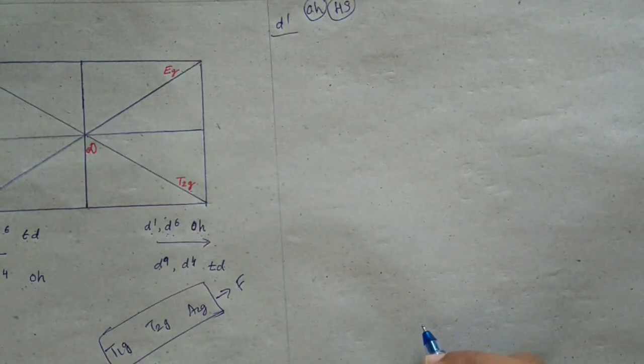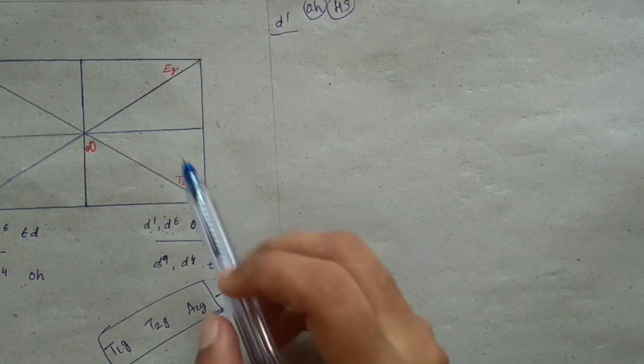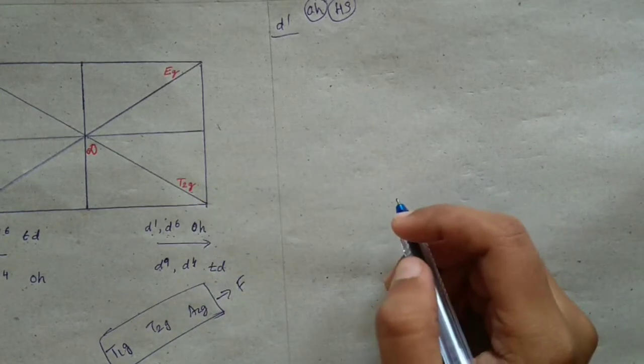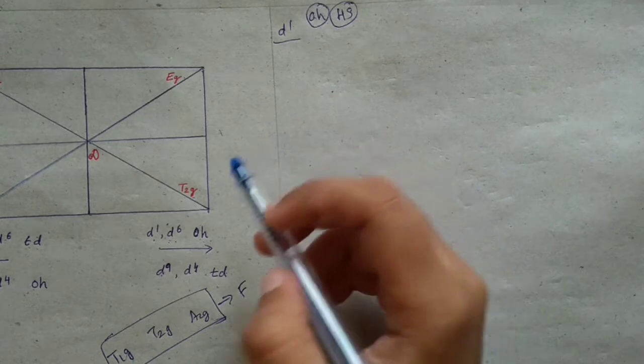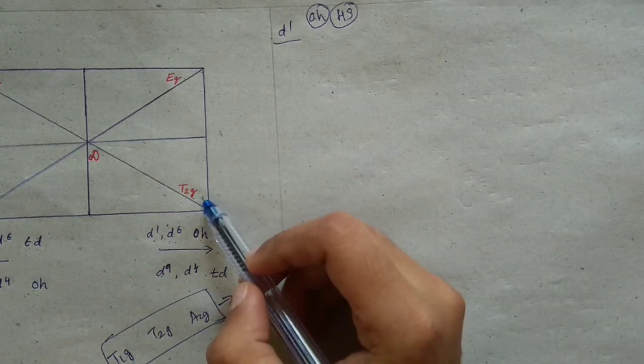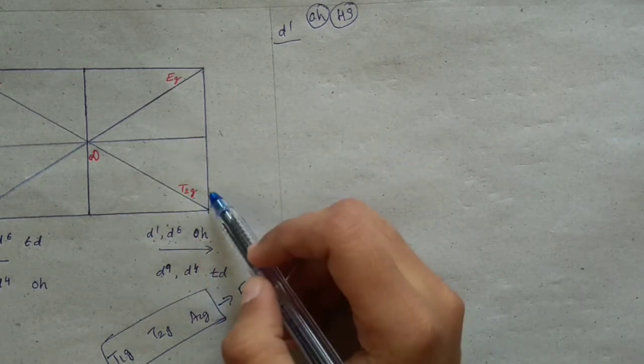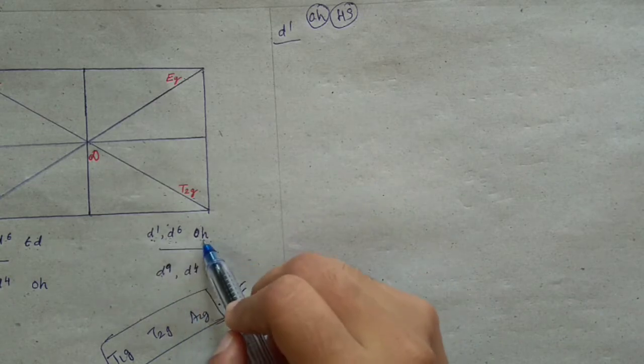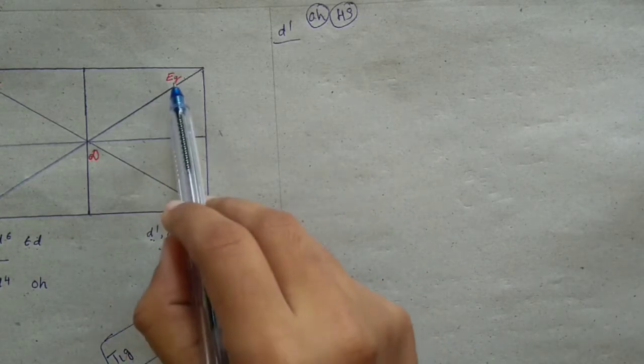The Orgel diagram can only show high spin complexes, not low spin. For low spin we use the Tanabe-Sugano diagram. So in d1, what is the Orgel diagram? d1, d6 octahedral, T2g to Eg.